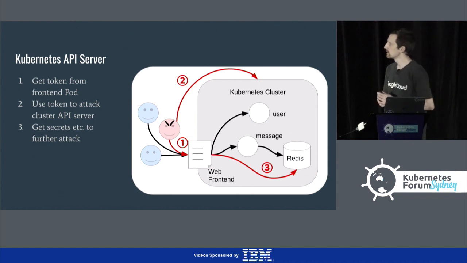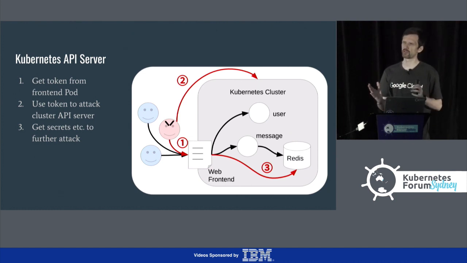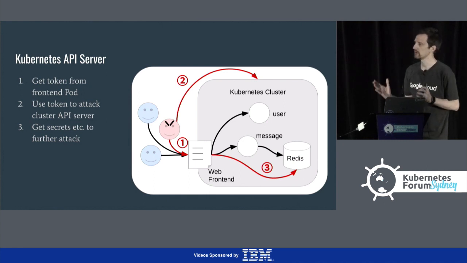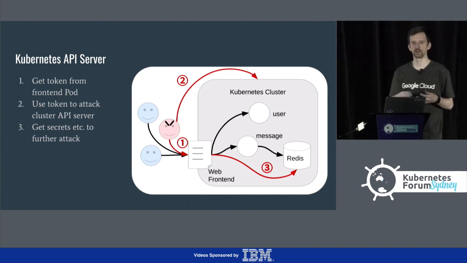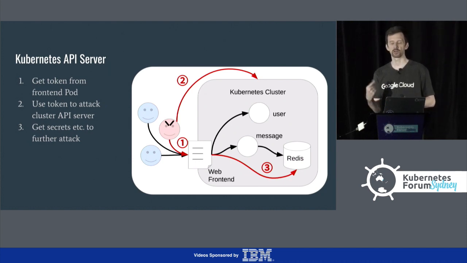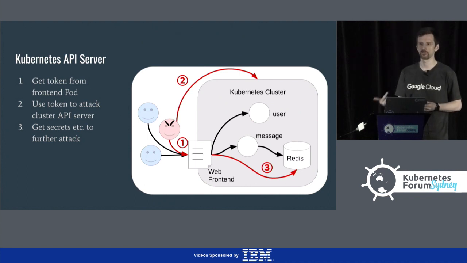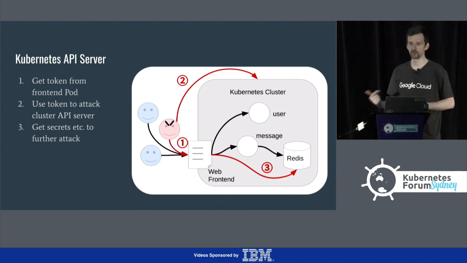And by default, prior to, I think it was 1.6 or 1.4, those service accounts had full access to the Kubernetes API server. So you could use the credentials for that service account to access the API server, and then create objects and read objects.